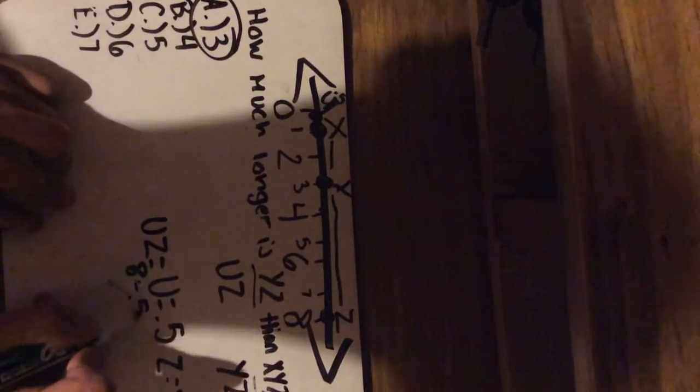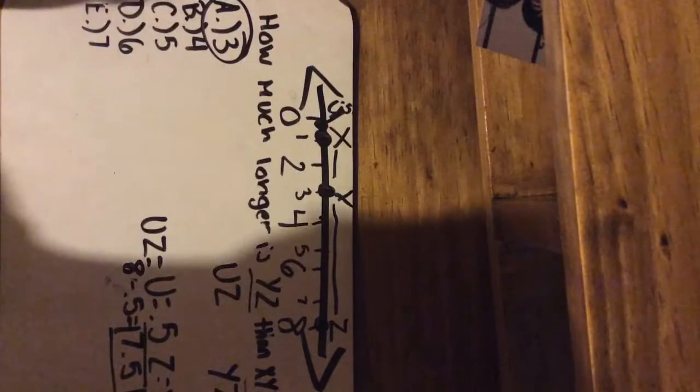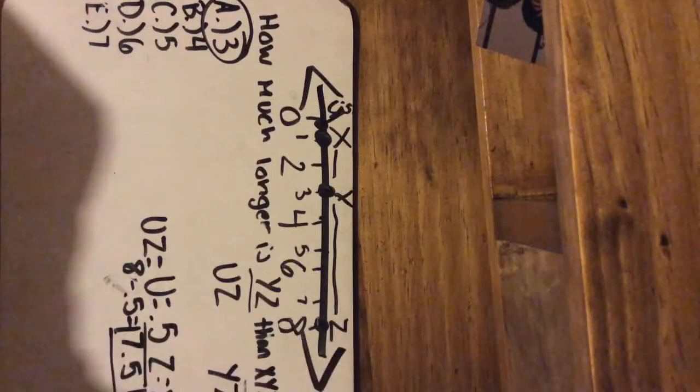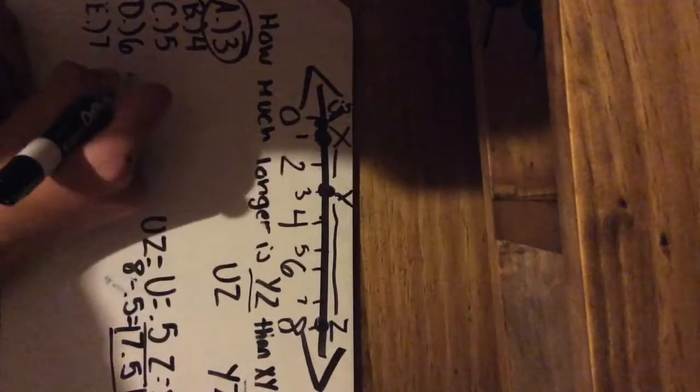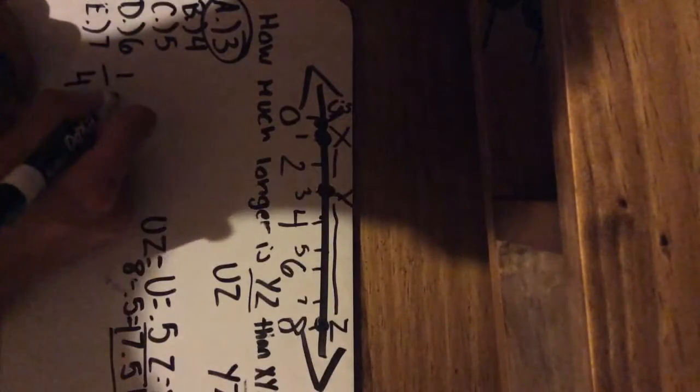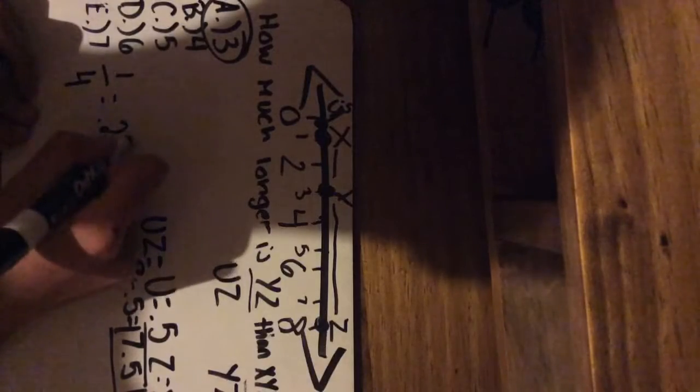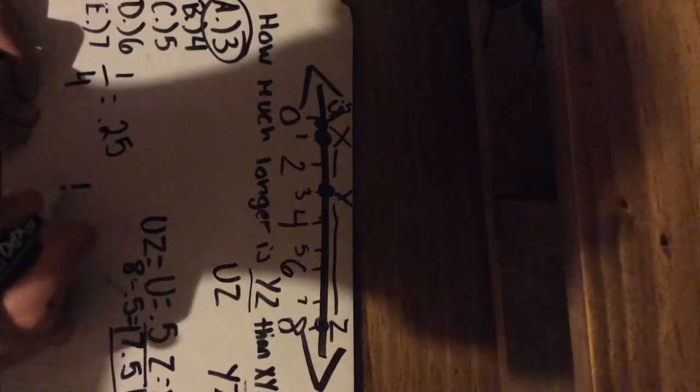8 minus 0.5 will give us the answer of 7.5. The 0.5 is basically just half of 1. 0.25 is a fourth of 1. So it's basically just 1 divided into 4. 1/4 we know is 0.25. And that's basically 1 divided by 4.